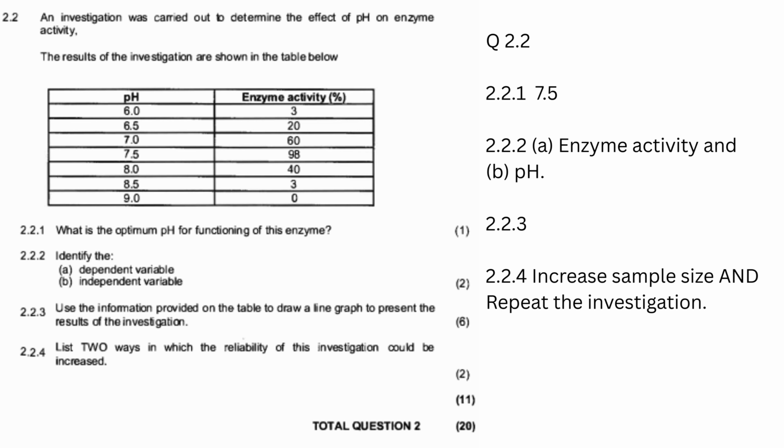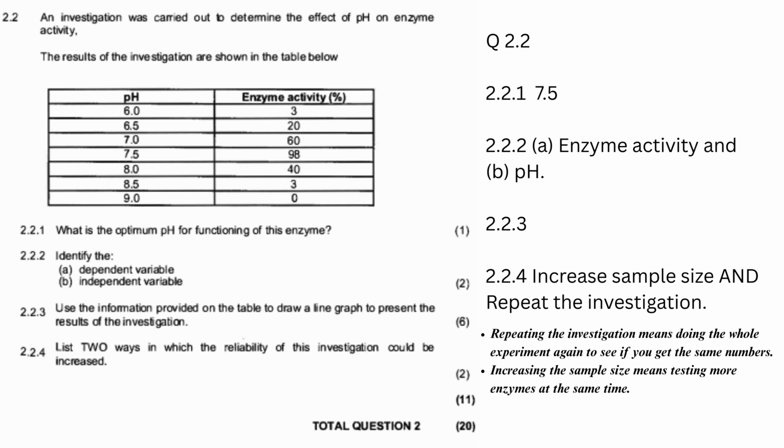The reason we do this is to make sure the results weren't just lucky guesses or a one-time mistake. Repeating the investigation means doing the whole experiment again to see if you get the same results. And increasing the sample size means testing more enzymes at the same time.